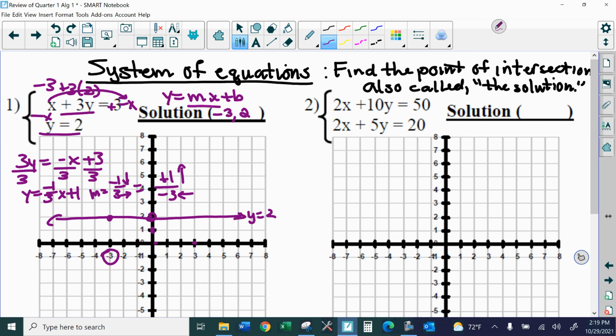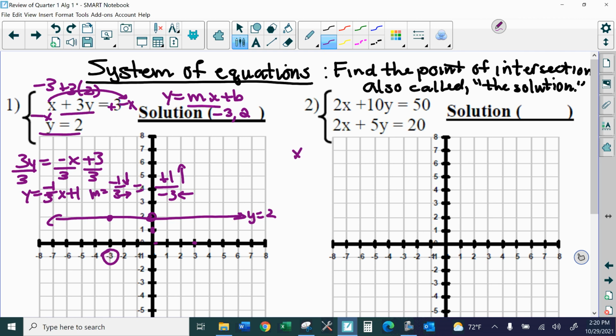All right. Here, I'm going to show you, you can solve for y again in these and do it the same way. But I'm also going to show you that if they're in standard form like this and they divide evenly, I can also just do the x and y intercepts.